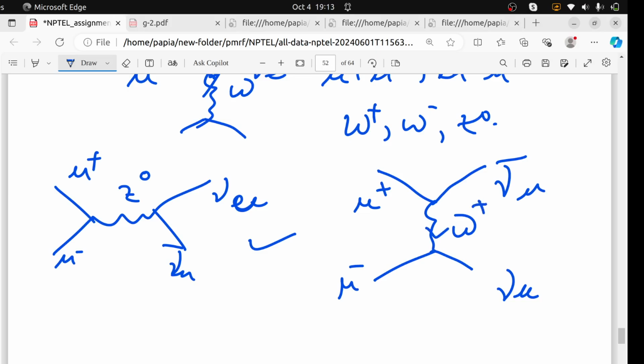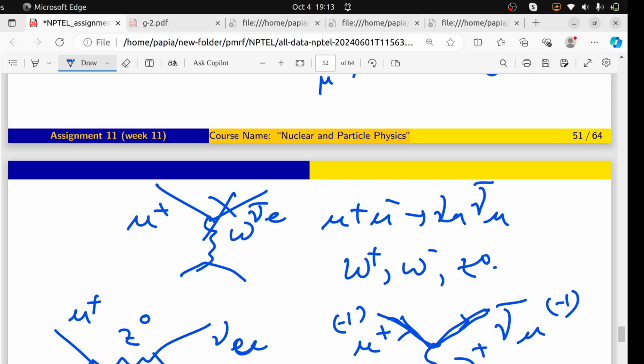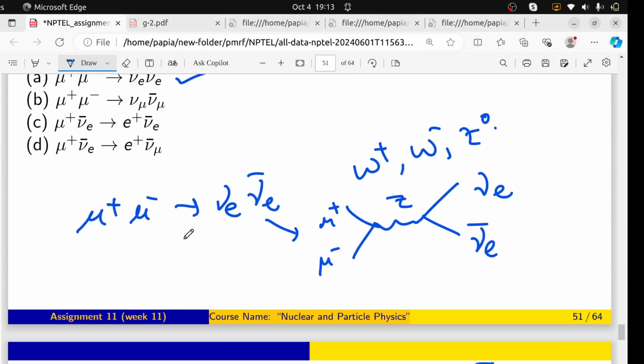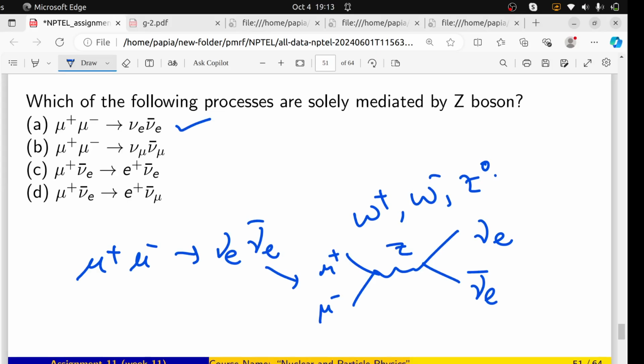Why? Mu plus is coming here, mu bar is going there, and the lepton number is also fine. Lepton number here is minus 1 incoming, and outgoing is also minus 1. Here similarly it is plus 1, plus 1. So it is fine. So in this case W and Z0 both are there. So solely mediated will not be the correct one. W plus and Z0 both are there.